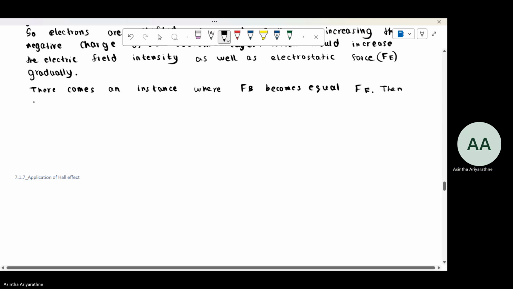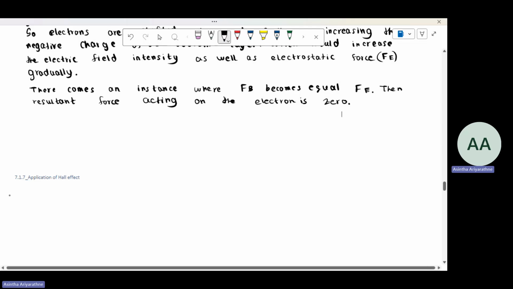Then the resultant force acting on the electron is 0.